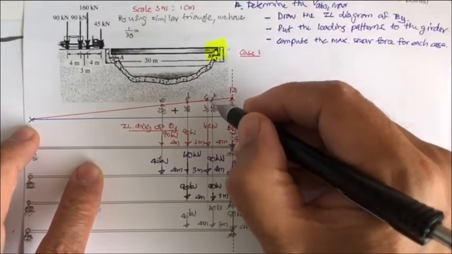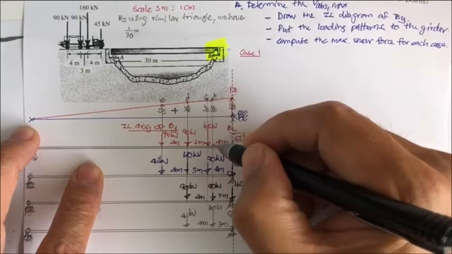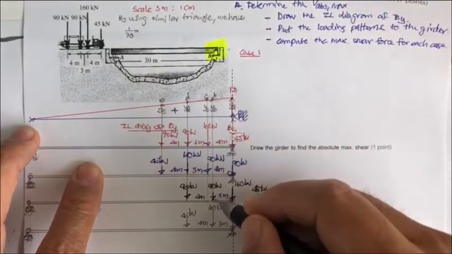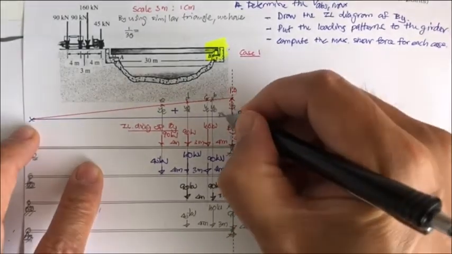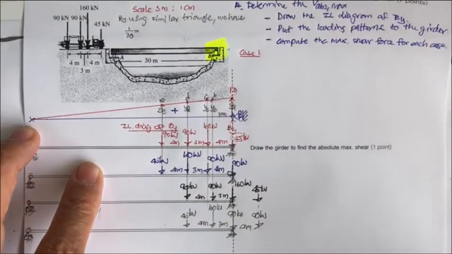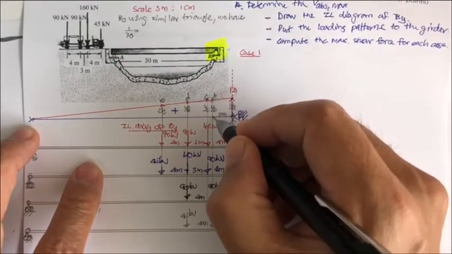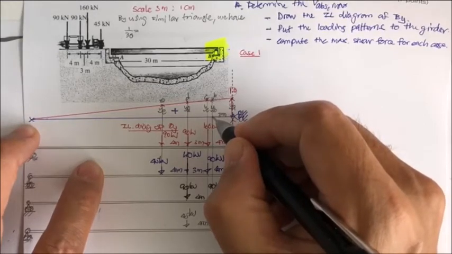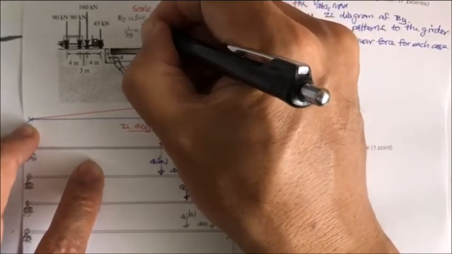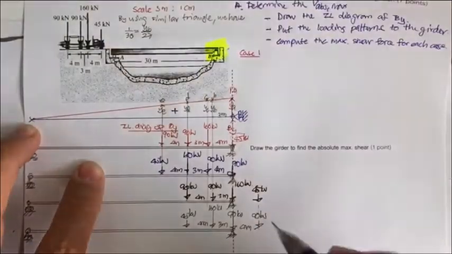And it's going to be equal to, this is the projection, this is 3 meters, y sub b divided by 27.